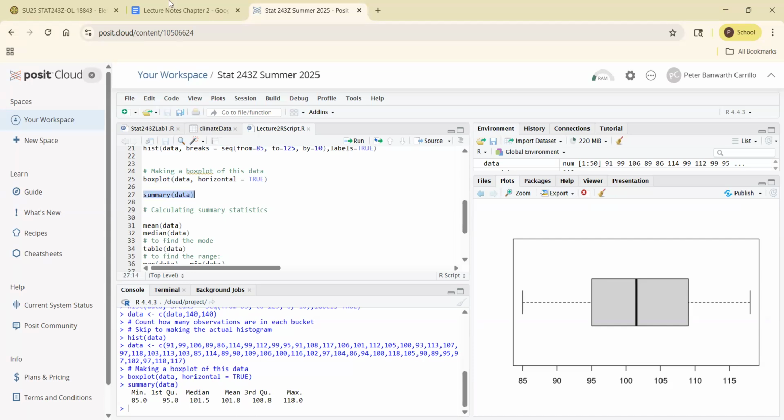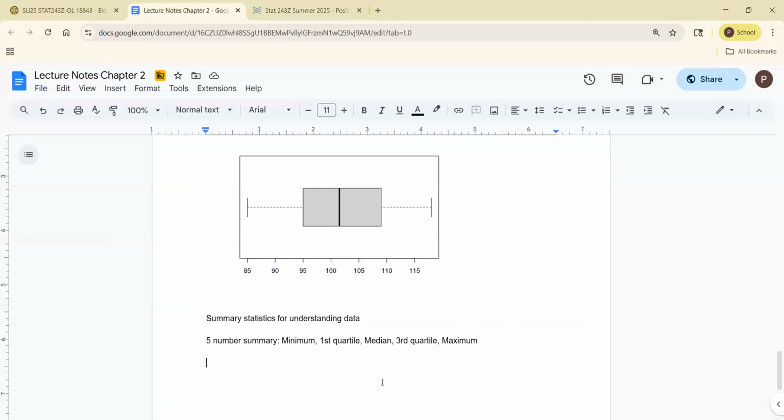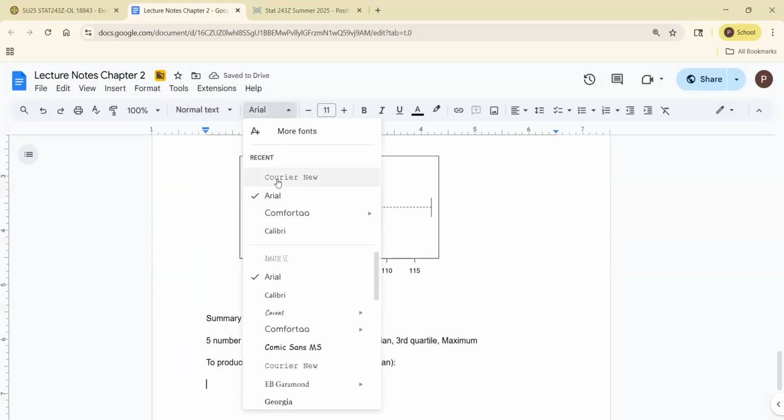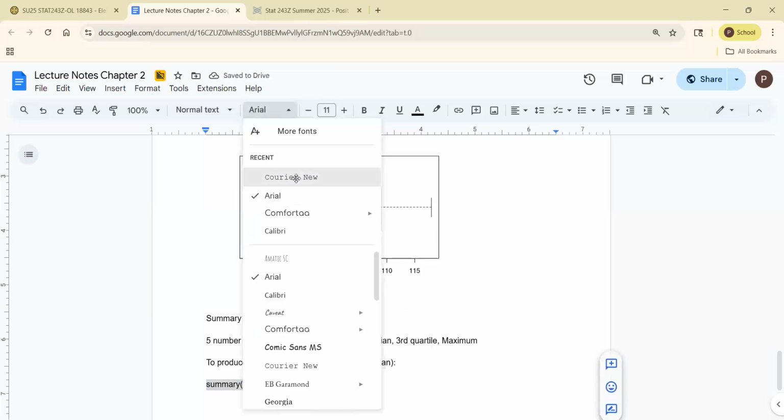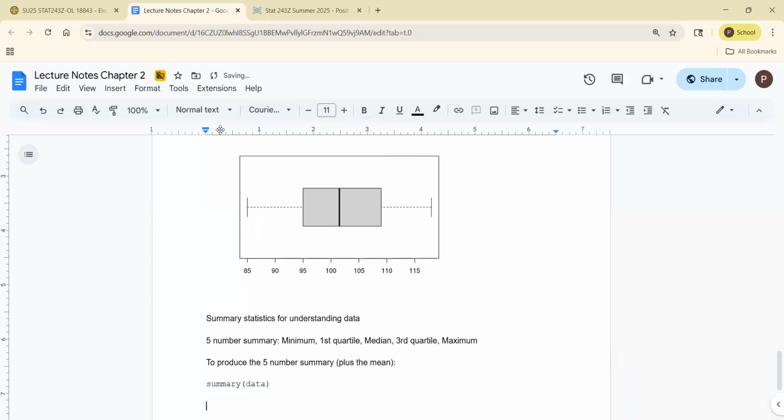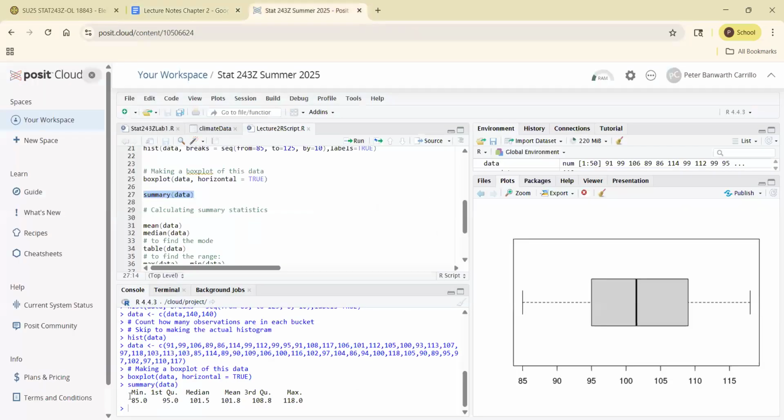So summary of the data is done with the code summary of data. Okay. And let me copy this in here.